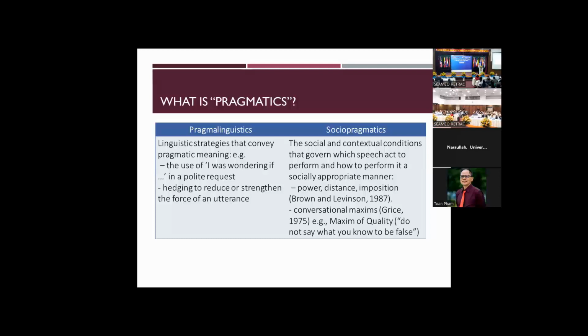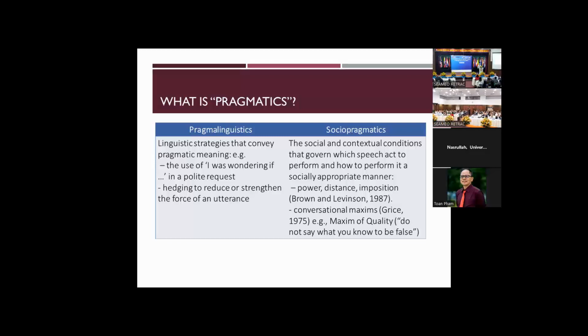Socio-pragmatics concerns the social variables, the social factors that you need to take into account when choosing pragmalinguistic resources. Very often, these variables are defined in terms of power, distance, and imposition. Power is the relationship between you and the person you're speaking to.